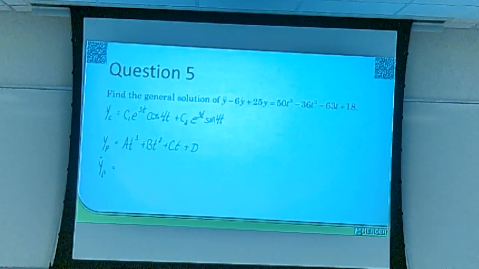So what's the first derivative? 3at squared plus 2bt plus c. And then second derivative. Plus 2.